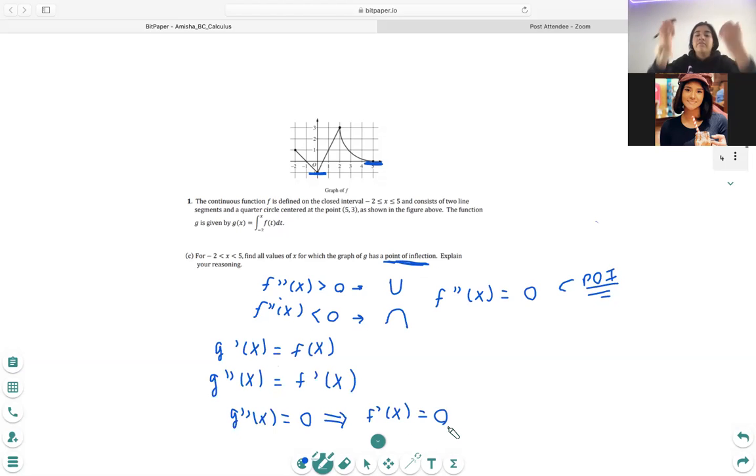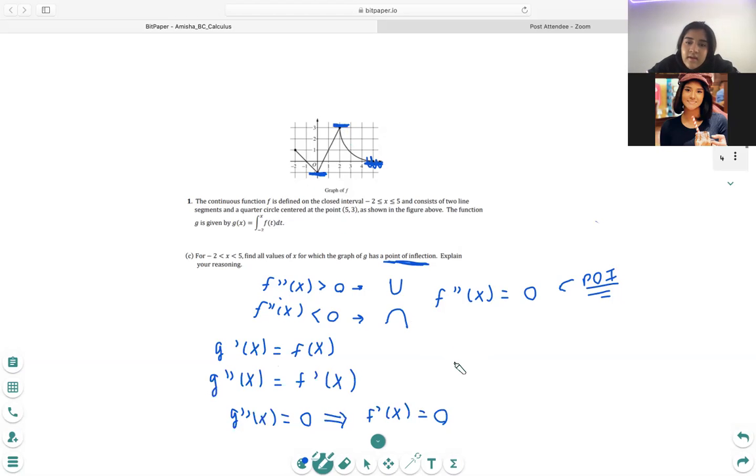Well, we talked about how f prime of x at any point means the slope of f at that point. The slope of f is 0 right here and right here. Over here, we cannot be certain because we only see one side of it. We don't see the rest of that circle.